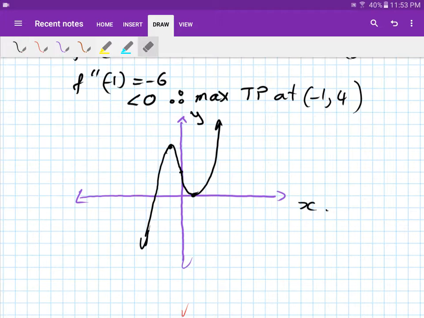Let me fix this up a bit because it cuts at minus 2. There you go. Okay, so this is 1, this is 2, this is (negative 1, 4), this is negative 2. Okay, that's all. This is the graph. Okay, thank you for watching.